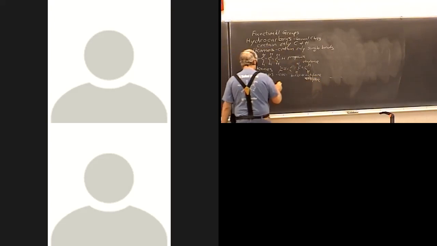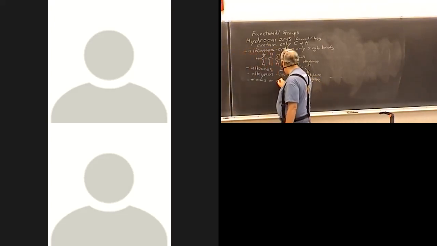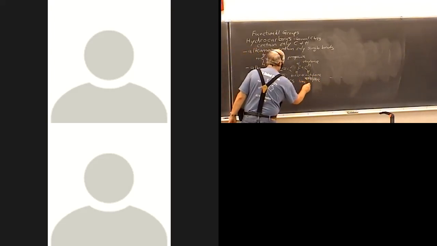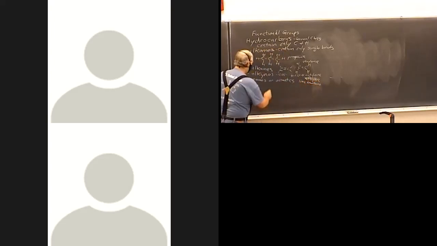And then the fourth class is what we call arenes or aromatics. We'll spend a whole chapter defining what aromatic compounds are, but for the moment, we'll say that aromatics are going to be compounds that are like benzene.